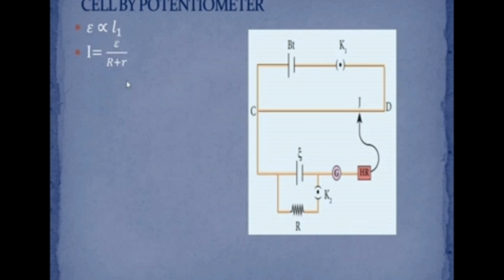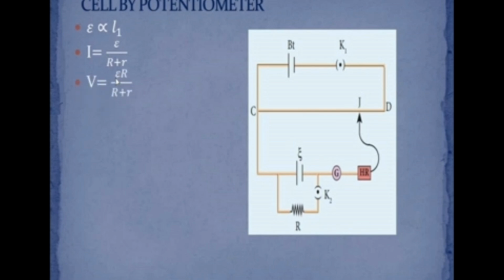According to Ohm's law, V equal to IR, or I equal to V by R. So I equal to epsilon divided by R plus r, where capital R is the external resistance and small r is the internal resistance. Here two resistors are connected in series. That is why we are adding the two resistances R plus r. So I equal to epsilon by R plus r.